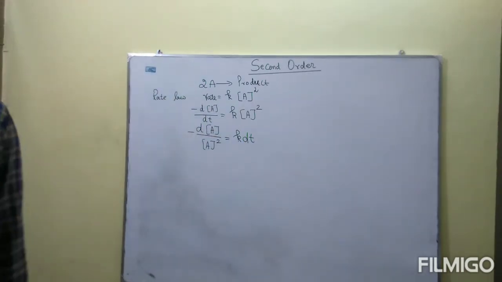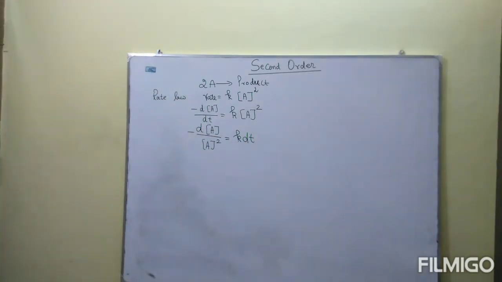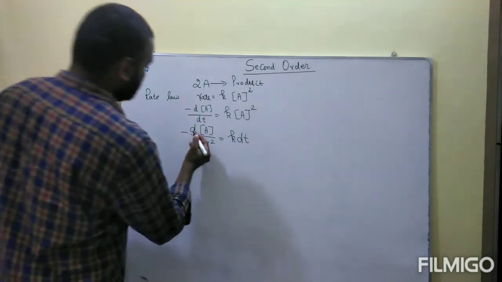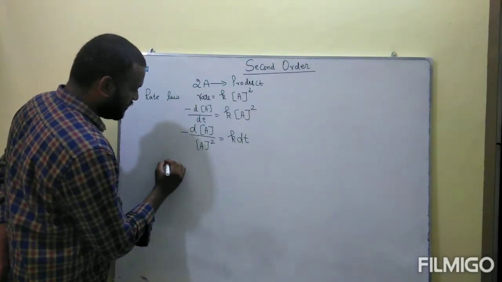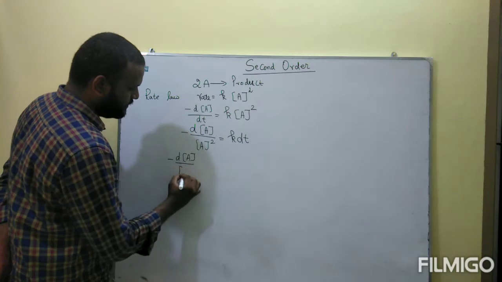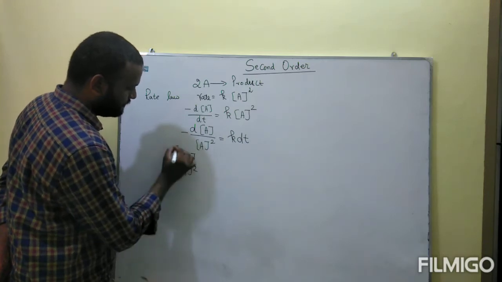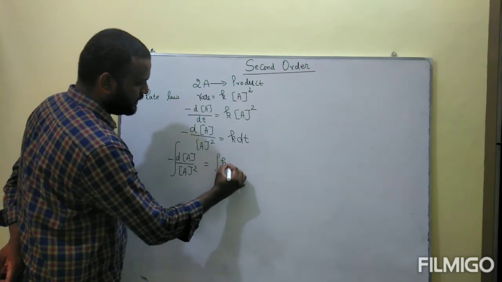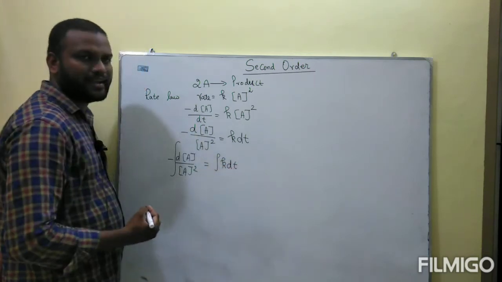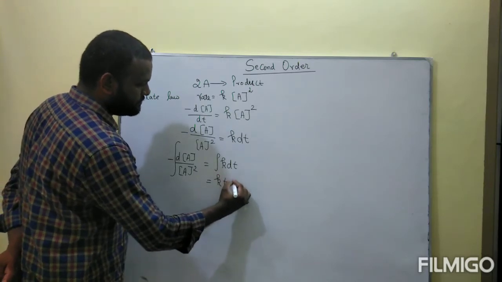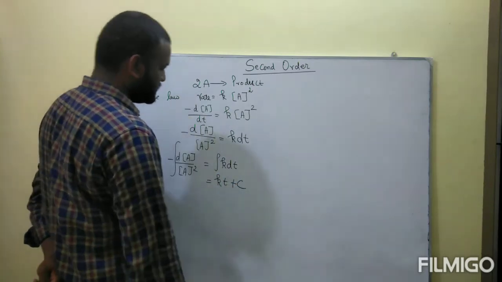Taking the integration, minus integral dA by A square is equal to integral K dt. Here K is constant, so it is Kt plus the integration constant C.